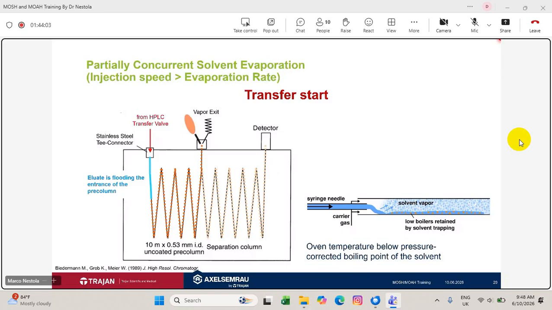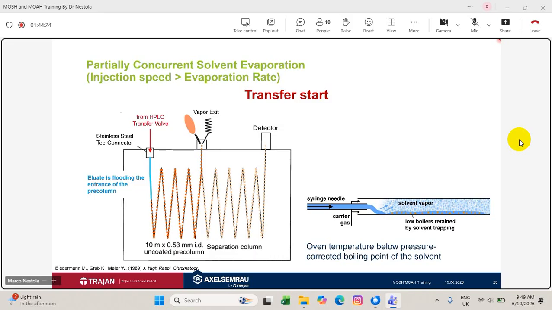Because of the high restriction of the separation column, basically only a very small purge gas flow is still flowing on the column, which means when we are injecting or evaporating, our separation column is basically protected from the solvent because there's not much flow anymore on it.